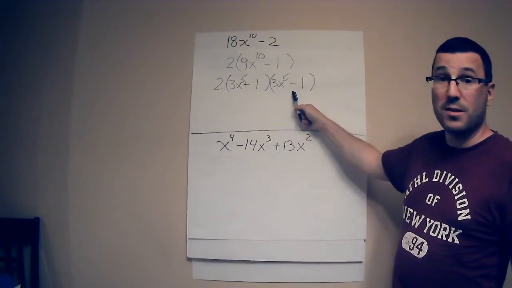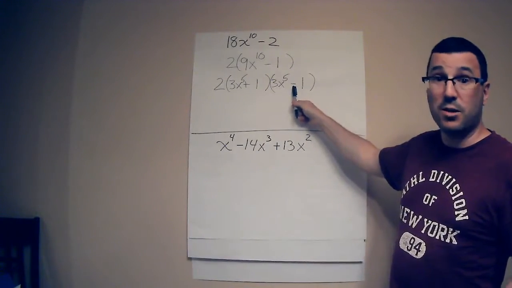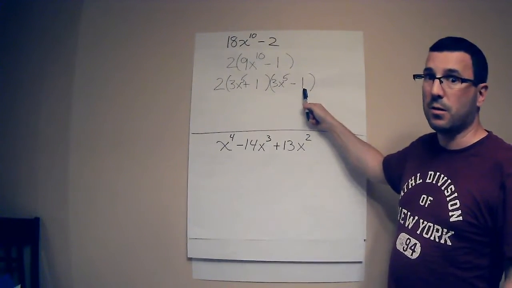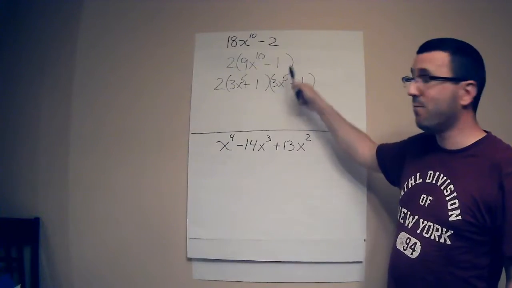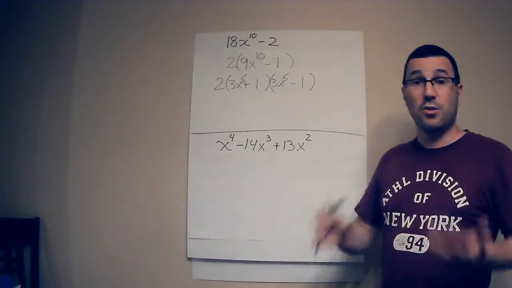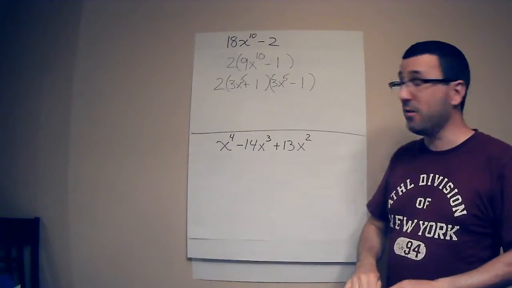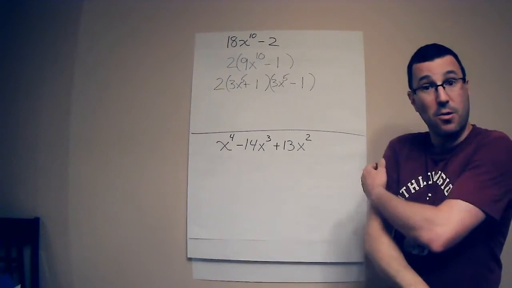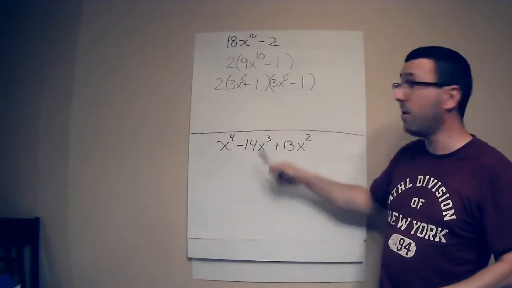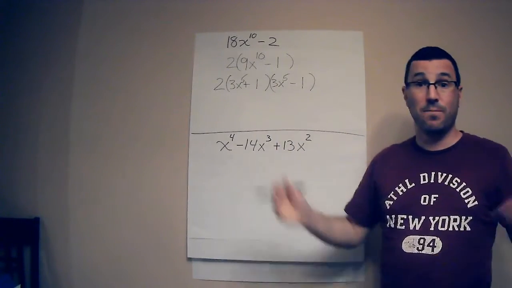I'll look in this parentheses. Oh, there's a minus, so difference, two terms, getting close, but 3x to the 5th is not a perfect square, so this is not difference of two perfect squares. And since I know that they're not trinomials, because there's only 2 terms here, and 2 terms here, that's it.